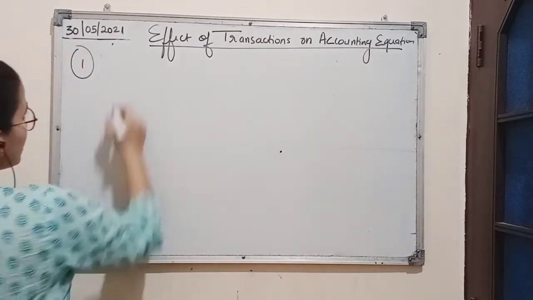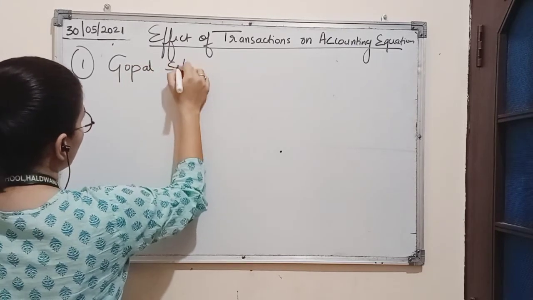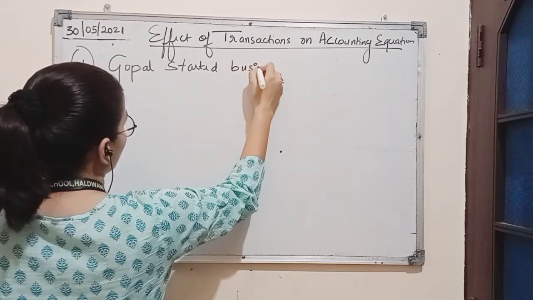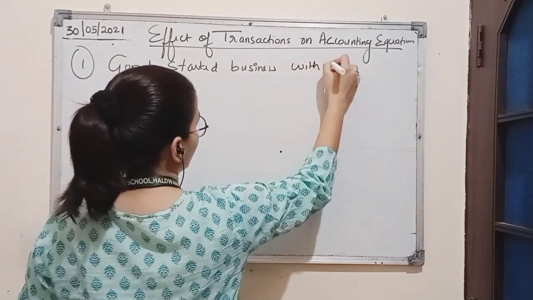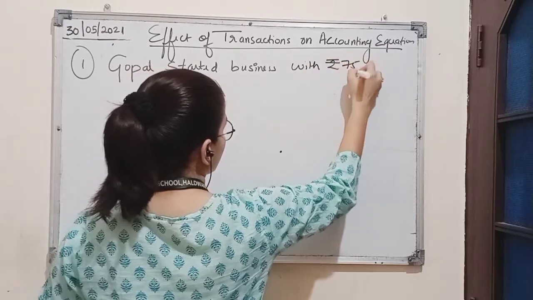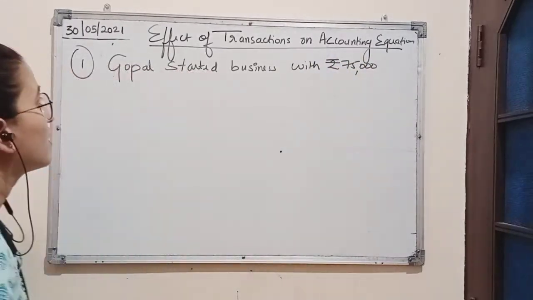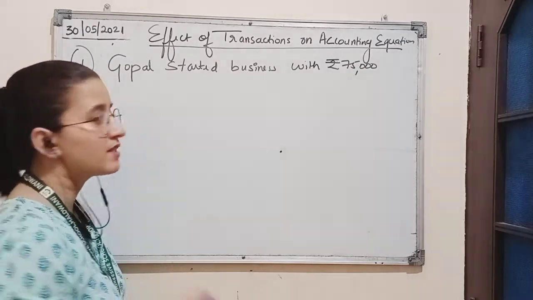First transaction is Gopal started business with rupees 75,000. So here Gopal is starting a business with amount 75,000.